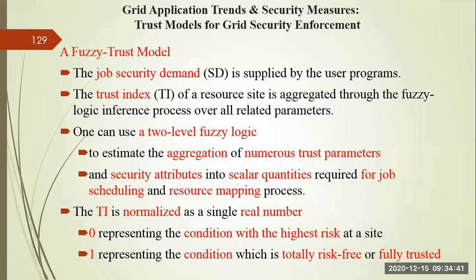Here, the TI is normalized as a single real number with 0 representing the condition of highest risk in a particular site, or 1 representing that the site is risk free. So you have to give a real number between 0 and 1. That's why it is called a fuzzy trust. We are not saying it is having risk or it is completely free from risk. We are giving a value between 0 and 1 to specify it.